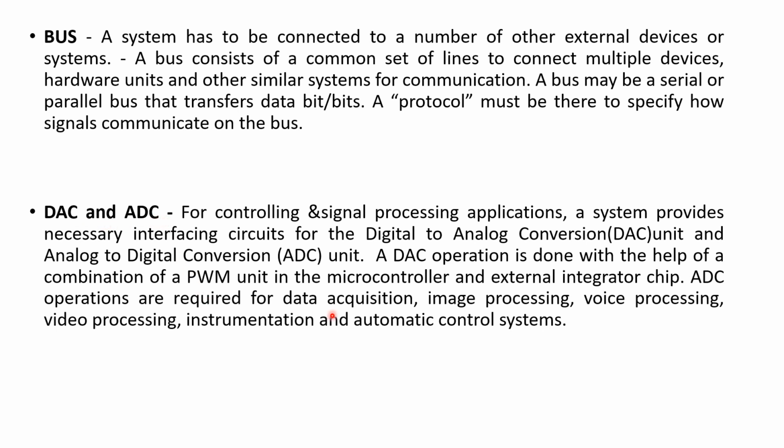Their operation is always required, especially if you are processing image, voice, etc. And the DAC unit can also be done with the help of a combination of a PWM unit in the microcontroller and a external integrator chip. So understand that for signal processing applications, we require both these types of conversion circuits, in addition to the other already inbuilt components.